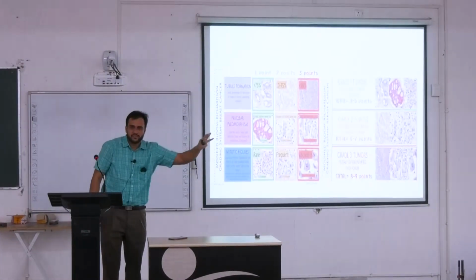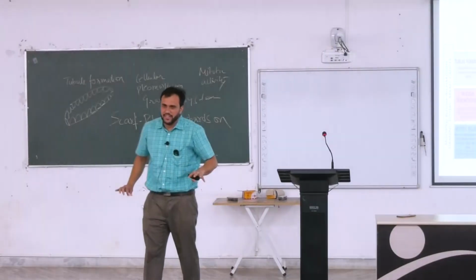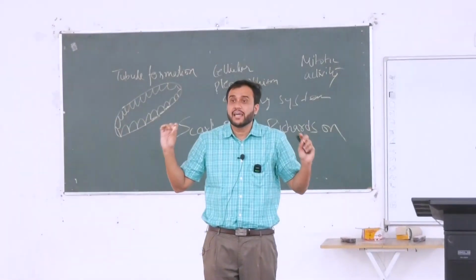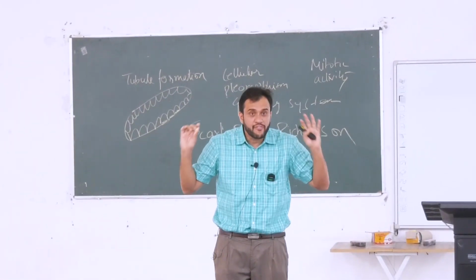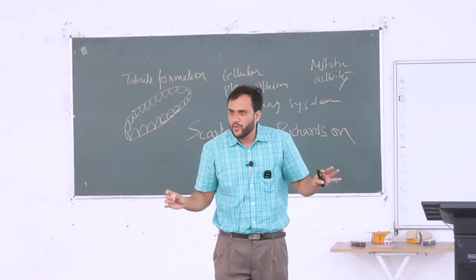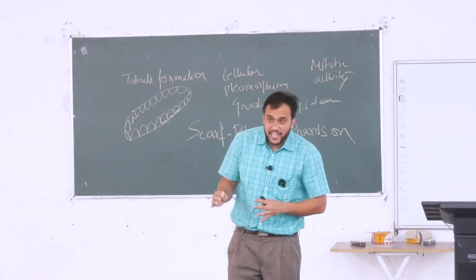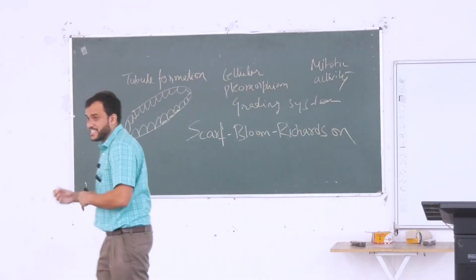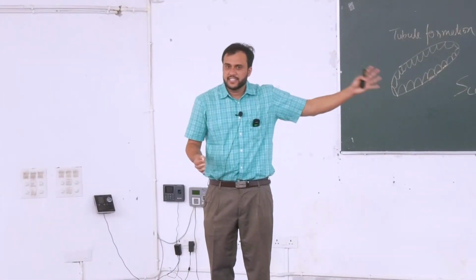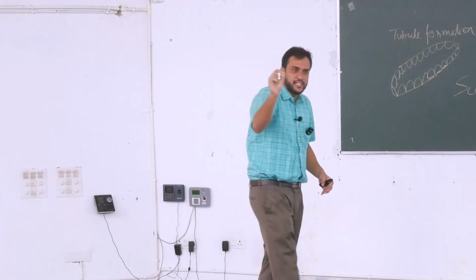Just know the names. Do not memorize it by heart. You do not need it at your level. I'm just explaining it to you. Okay. Just remember the names. Scarff-Bloom-Richardson grading system. If the examiner asks you, the examiner will be more than happy to give you 75% marks. And if he or she asks you what are the criteria based on which you categorize, what are the things that you look into?